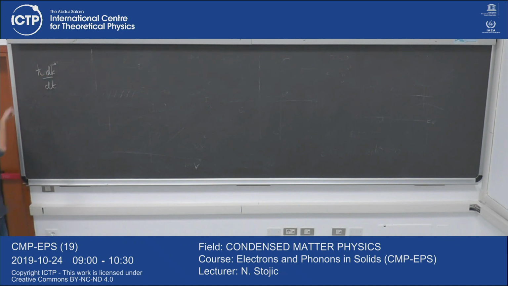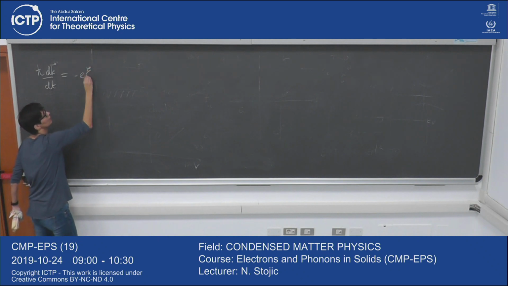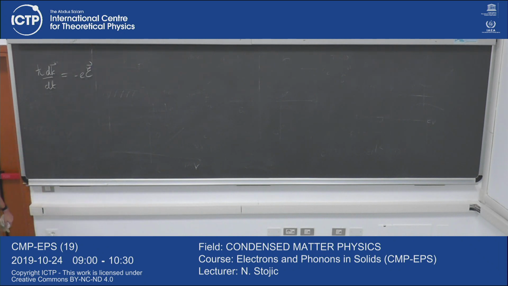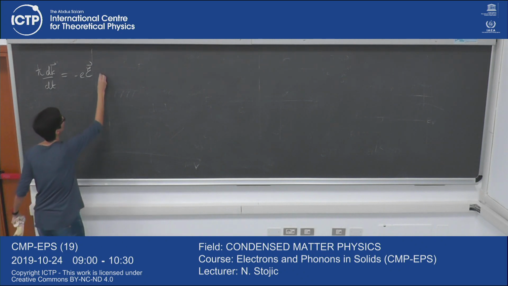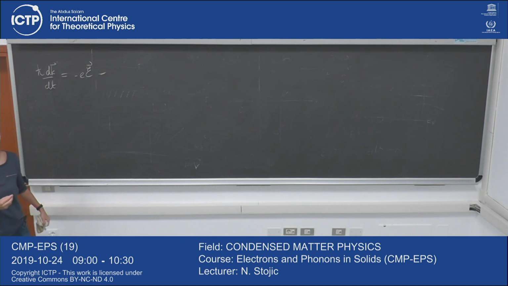This is the force. If you remember, we are doing dk over dt, and we found that this has to be the force, a force in a system with electric field. So this force has to take this into account. That's obvious. But now I'm introducing, completely intuitively, without a real physical derivation, something I'll call the scattering force.